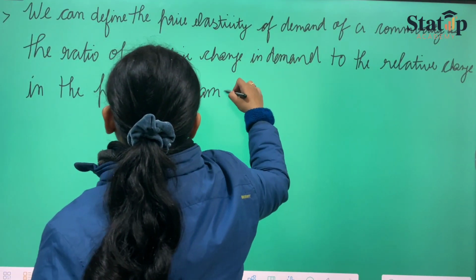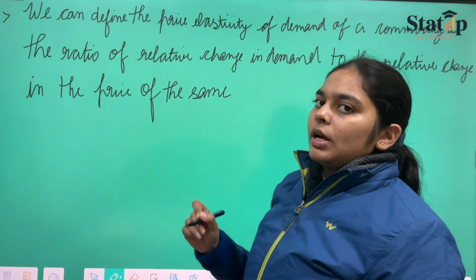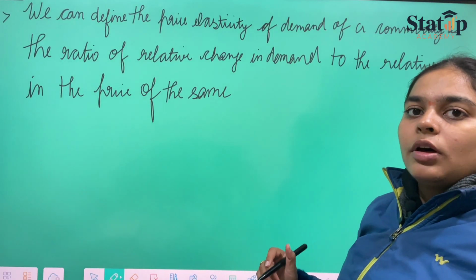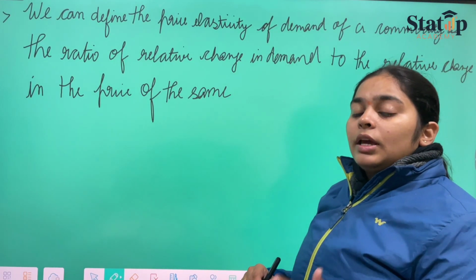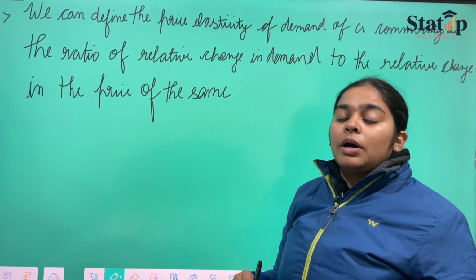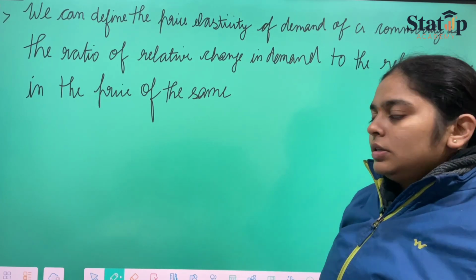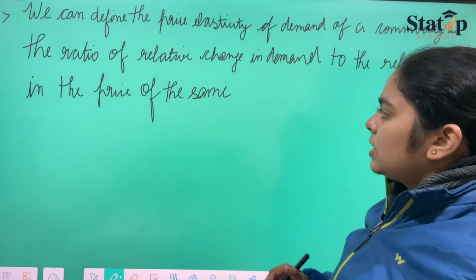If we are talking about the same commodity, it can also be called partial elasticity of demand. If the demand of commodity A is compared with the price of commodity B, then it is cross elasticity of demand, as we did in the last lecture.